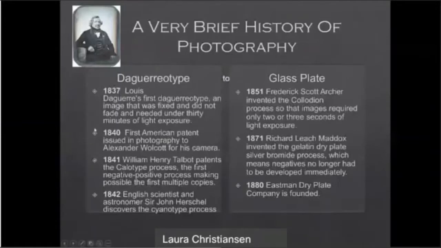So in 1839, after his partner Niépce had died, Daguerre introduced this new technology to the world by presenting a paper at the Royal Academy of Science in France. And he very modestly declared that his new media was the daguerreotype, kind of leaving out his partner.